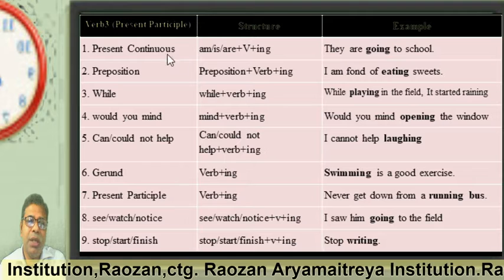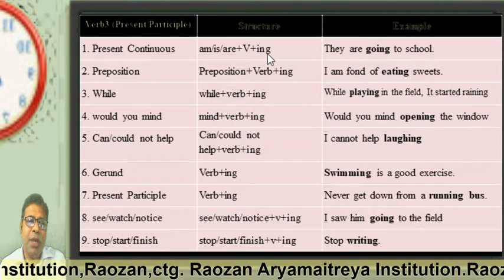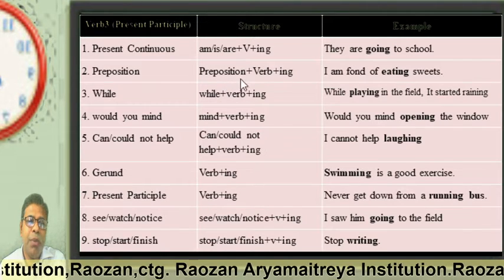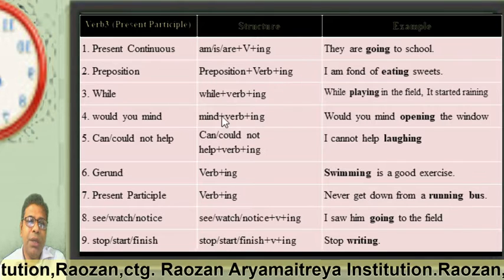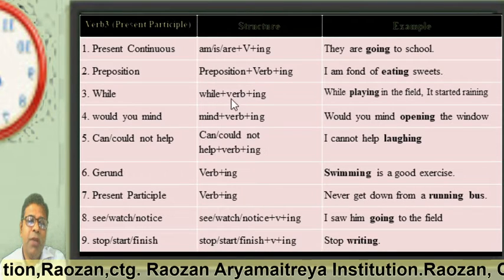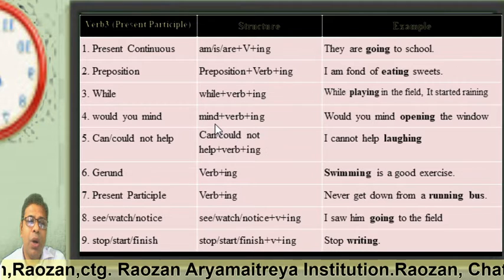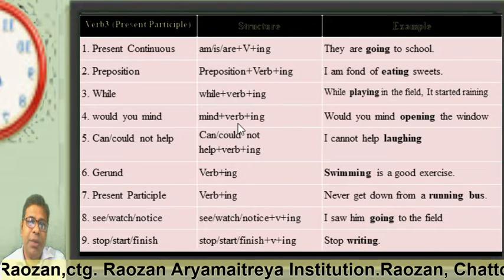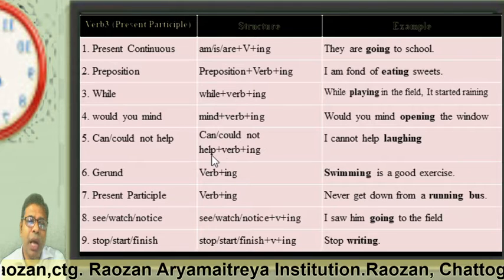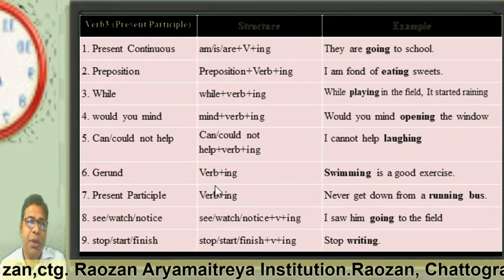There is the structure: is present continuous and is a verb plus ing. Preposition, after preposition, you need to use ing. While, if there is no subject, then you have to use ing form. Would you mind, ing. Can, could not, help, ing.